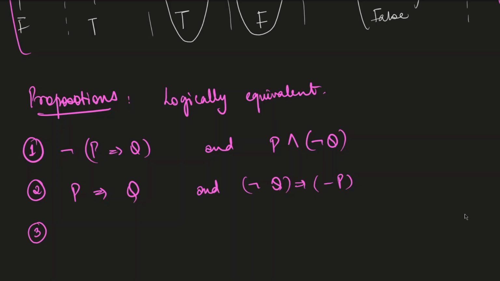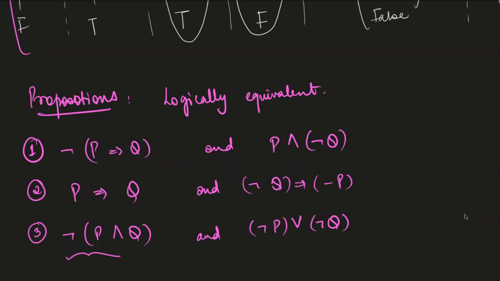Also, what you can test out is the negation of an AND statement. P and Q negated, and, oh, my bad, negation of P or negation of Q should be logically equivalent, right?